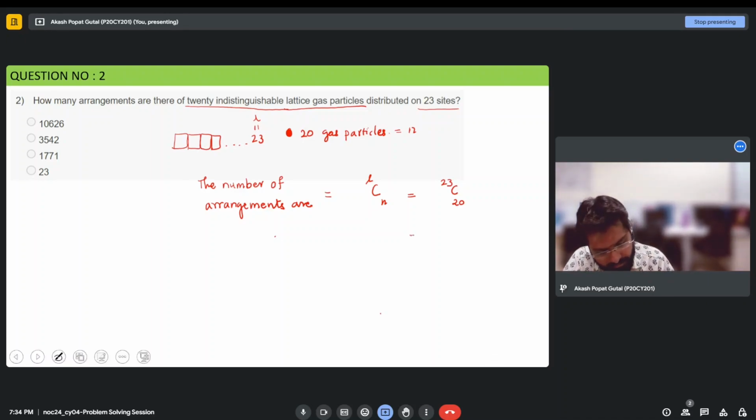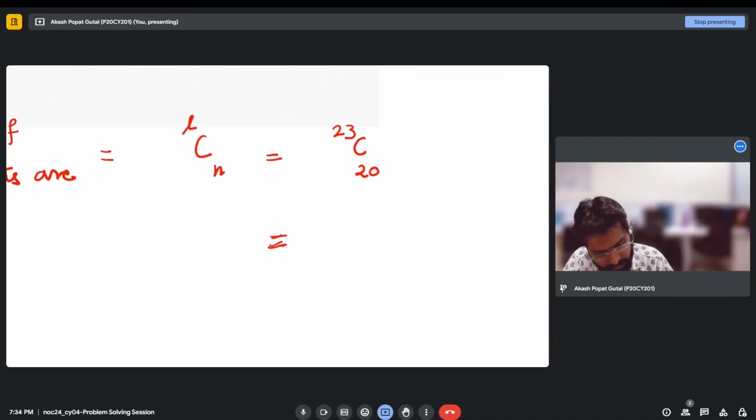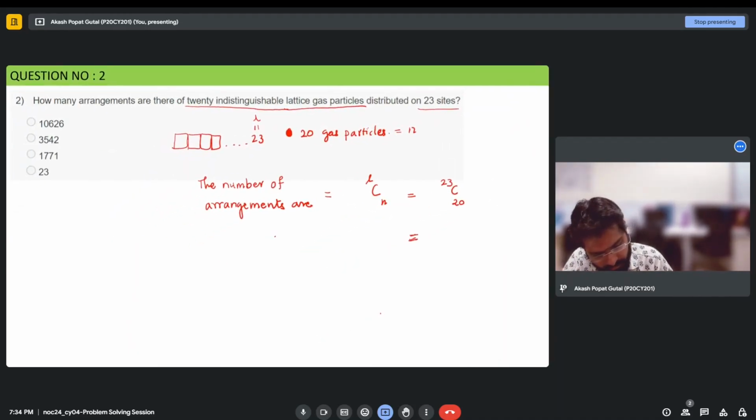So that can be given as 23C20, which can be obtained as 23 factorial divided by 20 factorial into 23 minus 20 factorial, which is nothing but 23 factorial divided by 20 factorial cross 3 factorial.